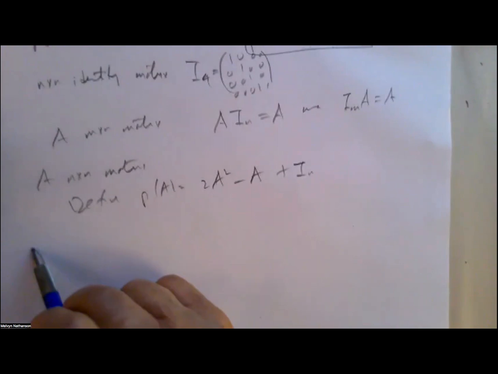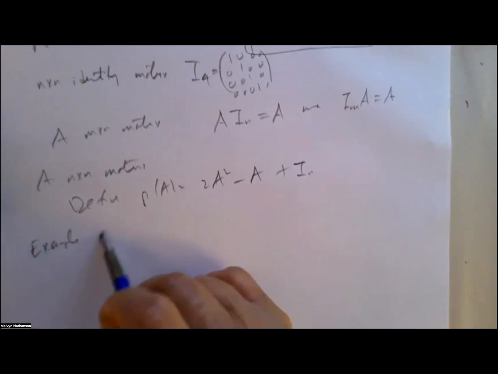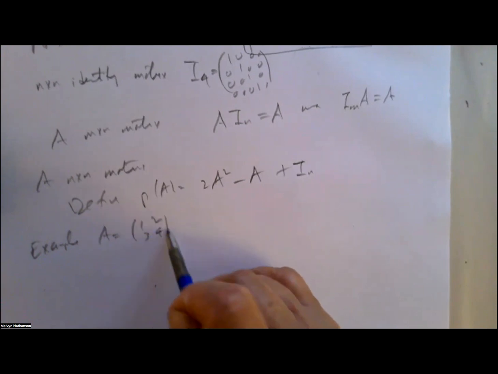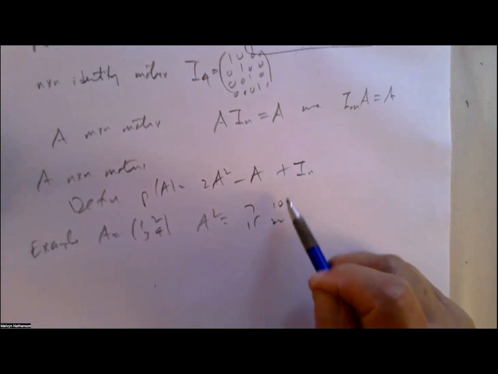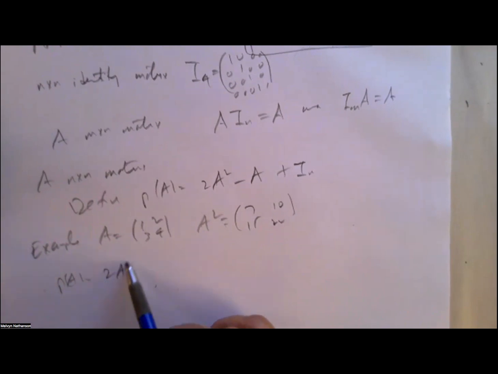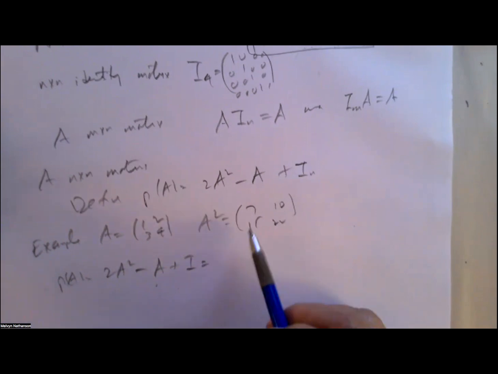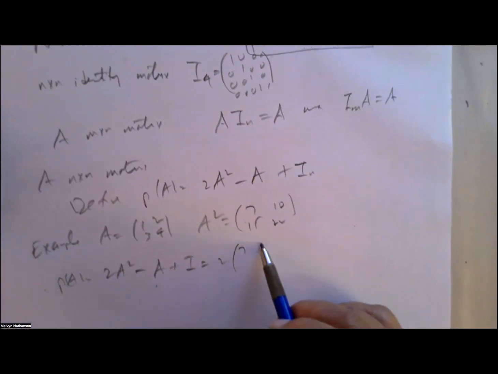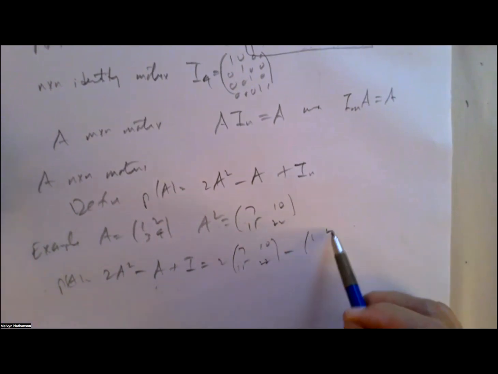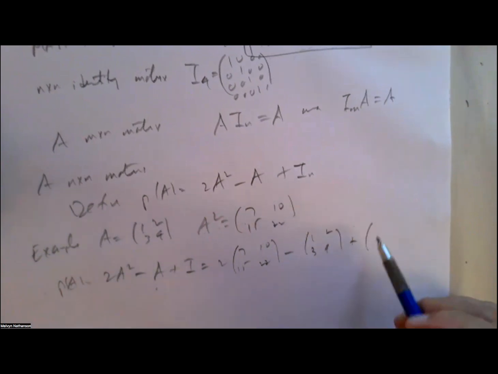So for example, if A is 1, 2, 3, 4, and A squared, which I calculated a moment ago, is 7, 10, 15, 22, then P of A, which is 2A squared minus A plus the identity, is 2 times the matrix 7, 10, 15, 22, minus A, 1, 2, 3, 4, plus the 2 by 2 identity, 1, 0, 0, 1.